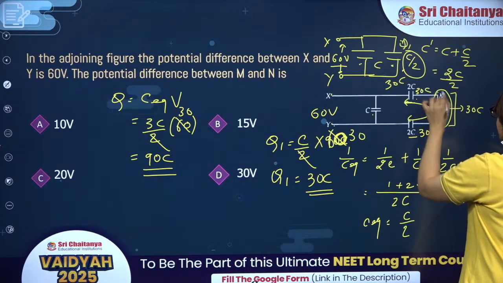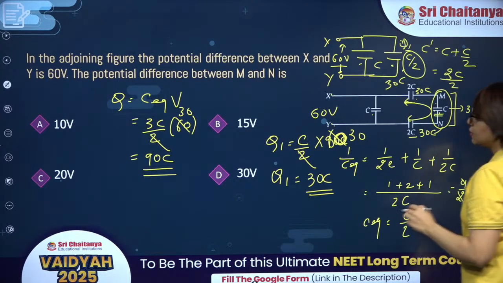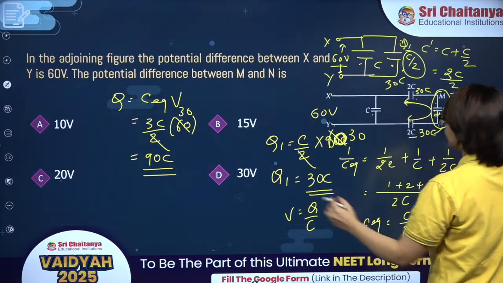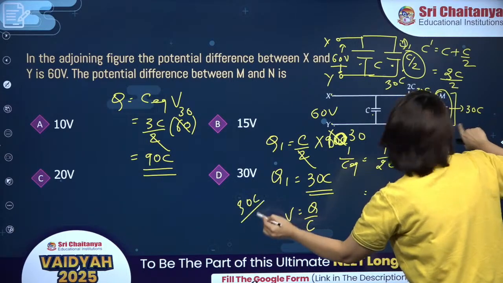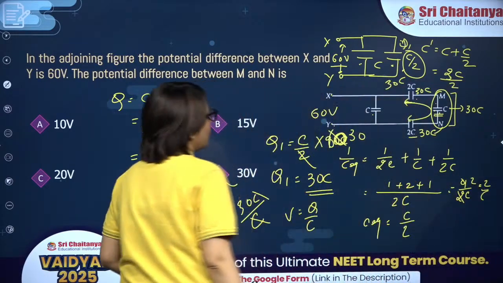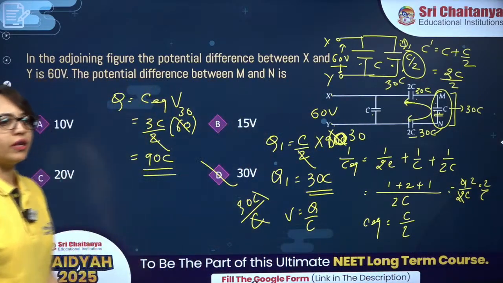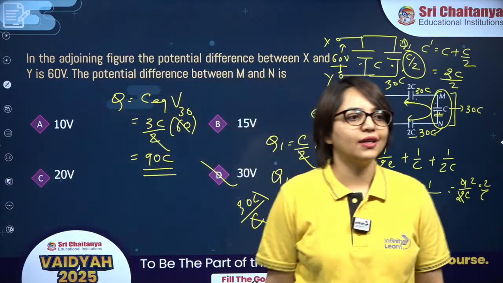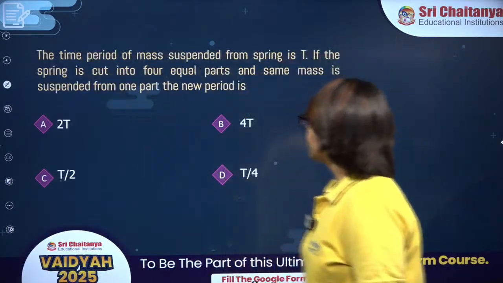We have to find the potential drop across this capacitor. So V will be Q upon C. So Q on this one is 30C, divided by C, C cancels. So we have 30 volt as the potential drop between M and N. Well done everyone. Let's move on to the next one.